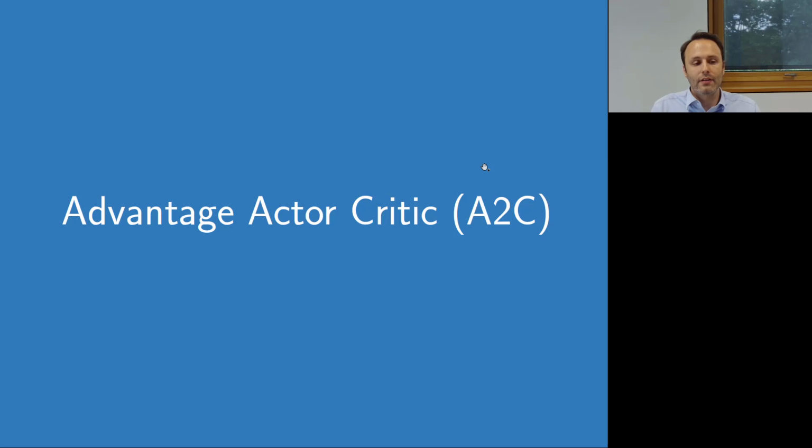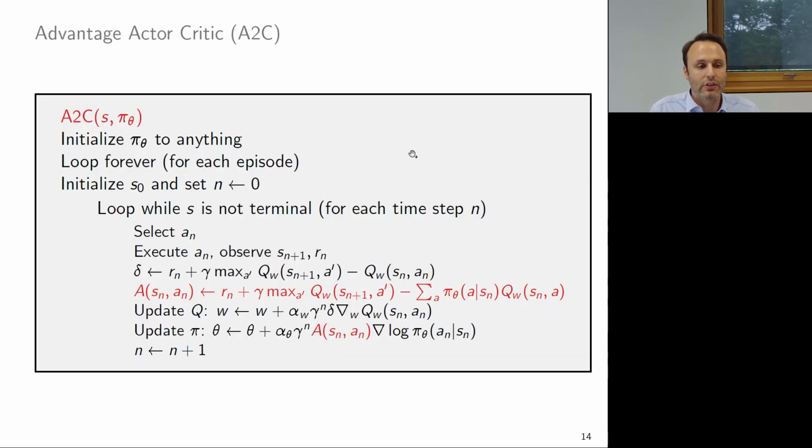So this is the so-called advantage actor critic algorithm, A2C, and it works as follows. Here we again initialize the policy to anything, and then we add this delta, which is now based on the Q functions and our estimate of the Q function, and the advantage function is then this advantage function that is now based on the Q function.